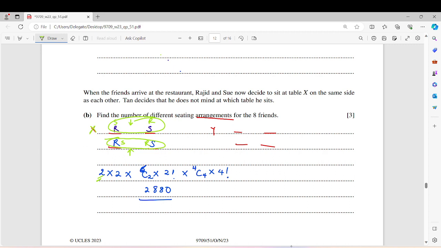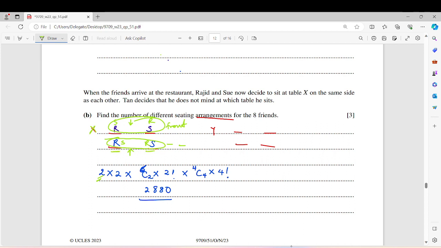Whichever side they have decided to sit on, remember the other 2, if they sit in the front, for example, if I make Tan to be my front, then it means that these 2 spaces are empty. So out of the 6, because we are told that Tan doesn't mind wherever he will sit, we need to choose 2 to come and occupy this space here and this space here.